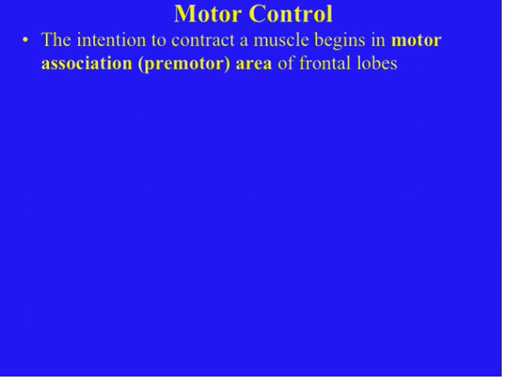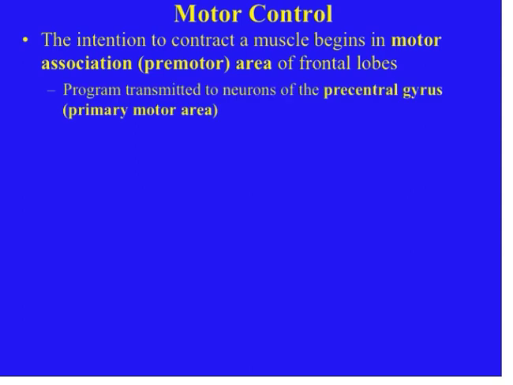The program is then submitted to the neurons of the precentral gyrus, which is the primary motor area. The most posterior gyrus is found in the frontal lobe, as we remember from that map on the previous slide.